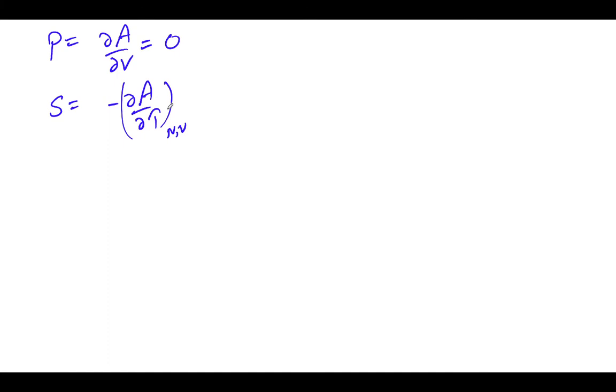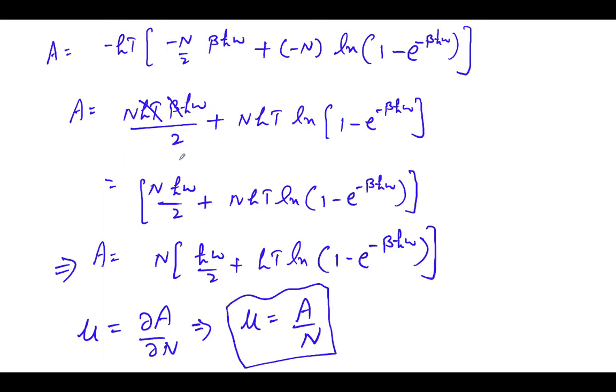I will not solve all these values in detail, because you can solve it easily. So the value of entropy, which we derive by putting the value of A and taking the derivative with respect to t. Because there are two functions dependent upon t, this is t, and beta is also a function of t.